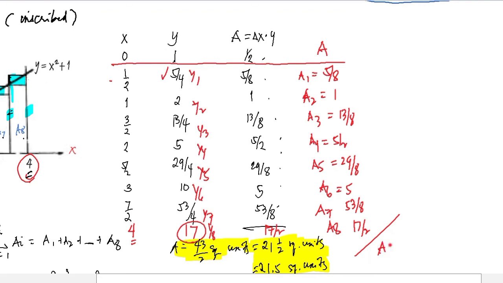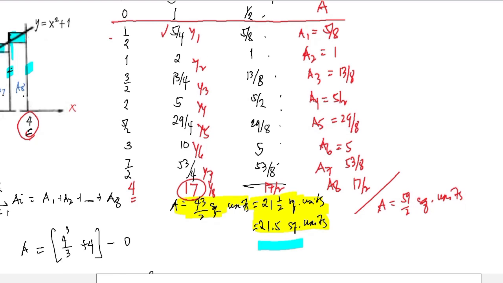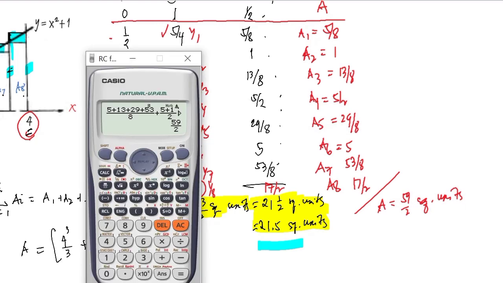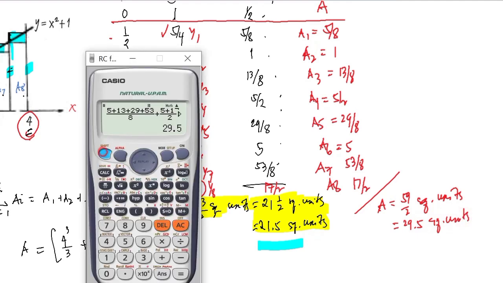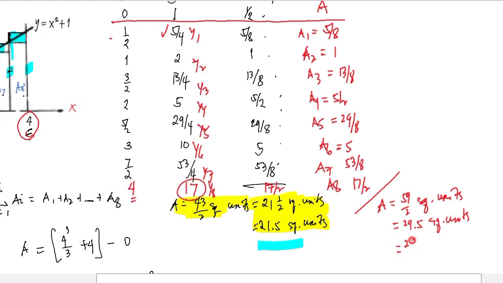So, yung area natin, pakicheck yung module natin. Yung area natin is 59 over 2 square units. So, this is equal to 29.5 square units.